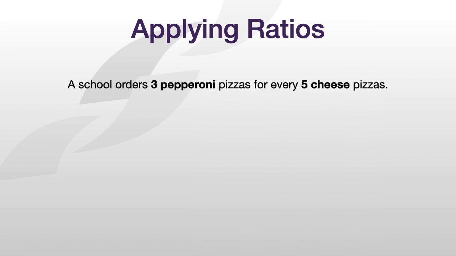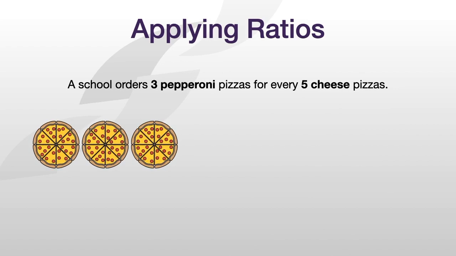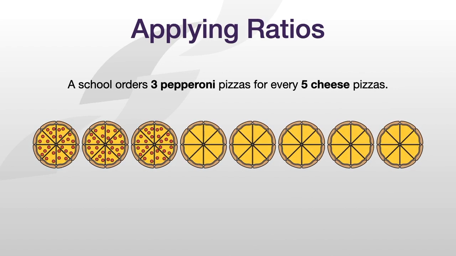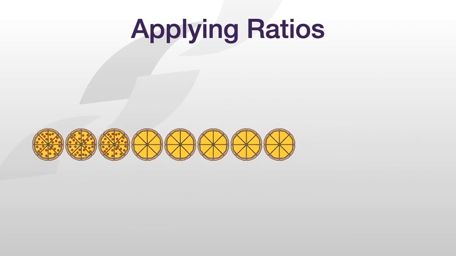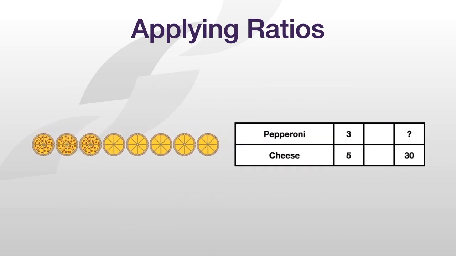A school orders 3 pepperoni pizzas for every 5 cheese pizzas. The school orders 30 cheese pizzas. How many pepperoni pizzas will they order? We can record equivalent ratios in a table until we have the number of pepperoni pizzas that corresponds with 30 cheese pizzas.